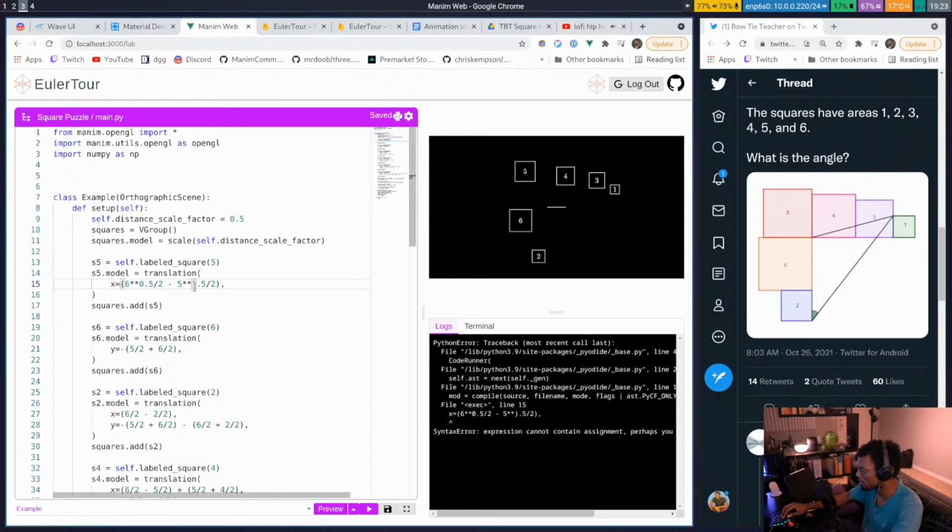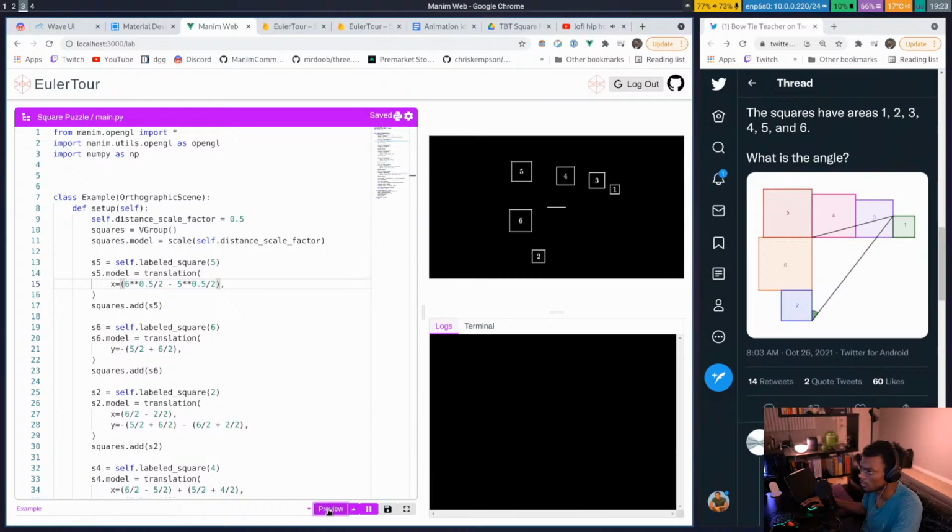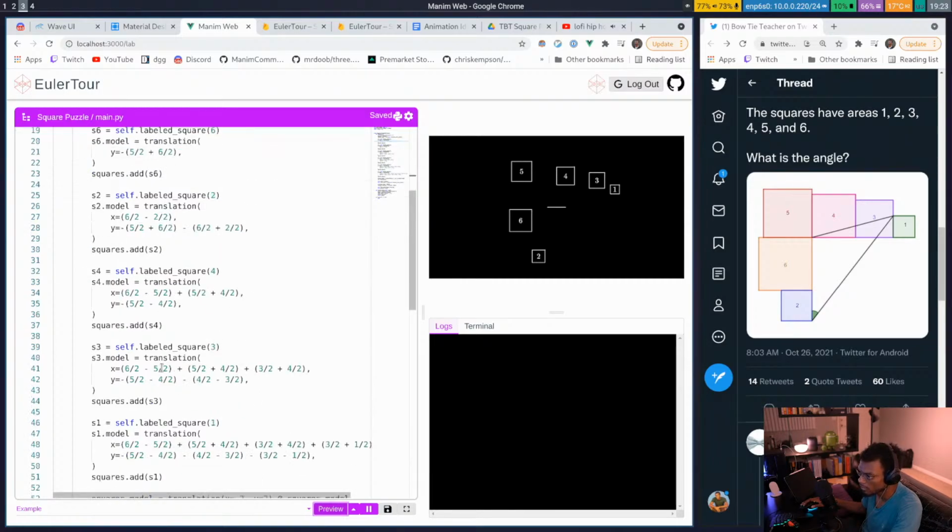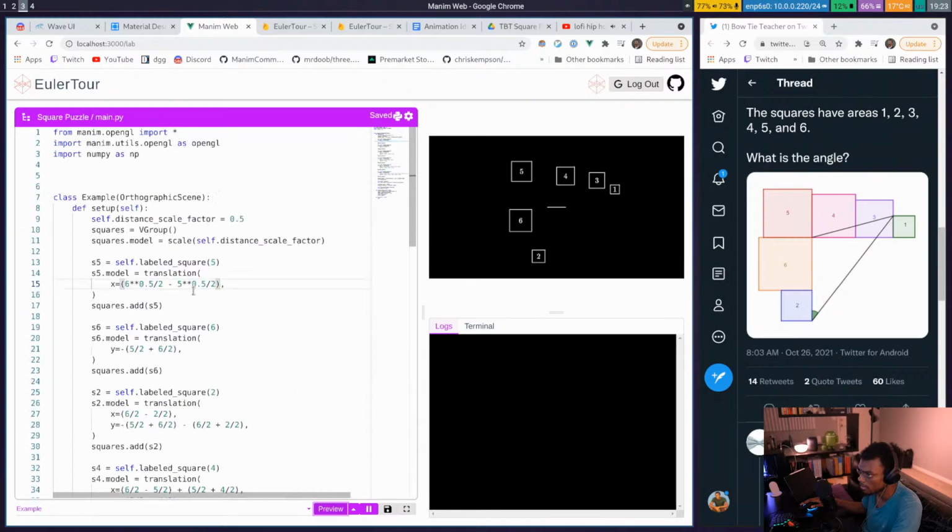Wait, what happened there? I was trying to think of a shortcut to do this. Maybe it's better to just do it like this.